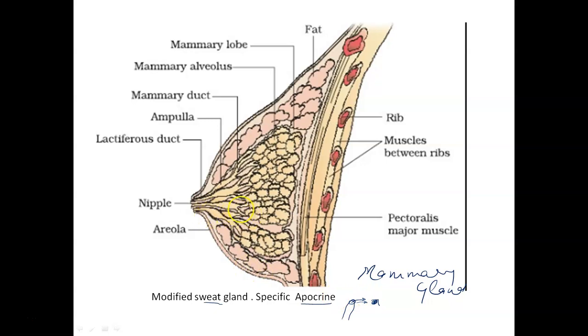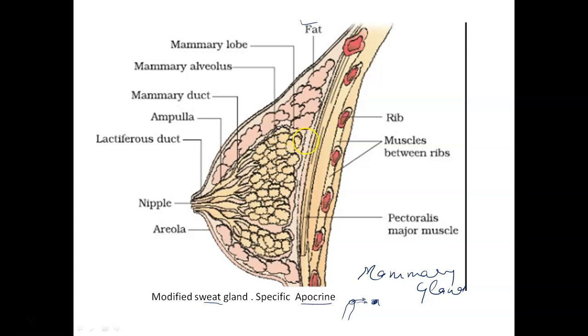When we see the anatomy or structure, they consist of a conical disc of glandular tissue which is surrounded by fat deposition. So fat surrounds the glandular structure. The glandular tissue is the innermost part, and glandular means it secretes the milk.